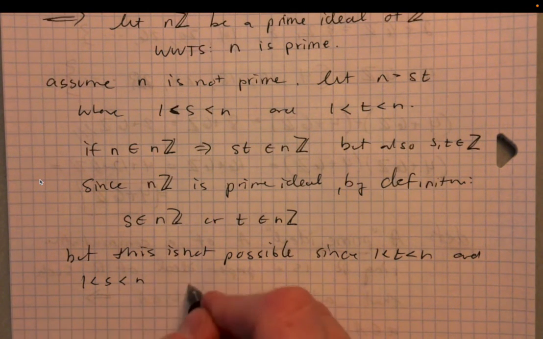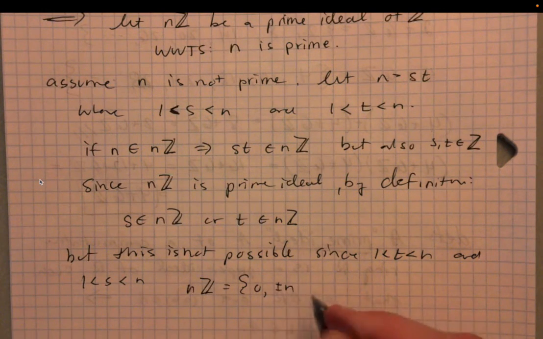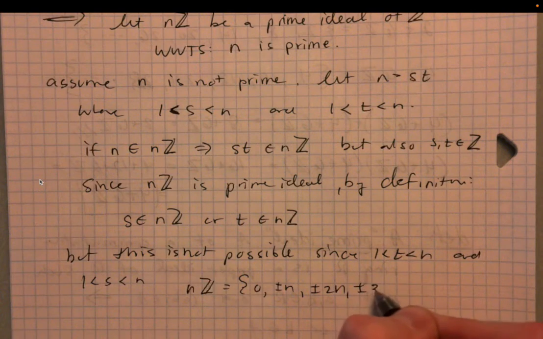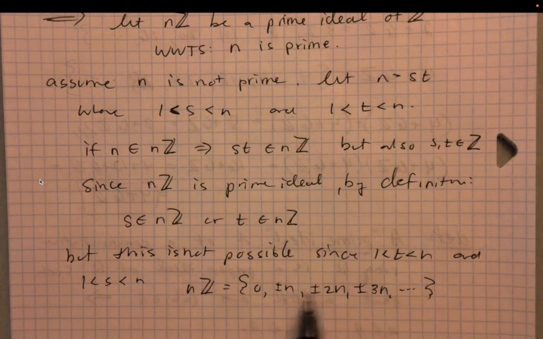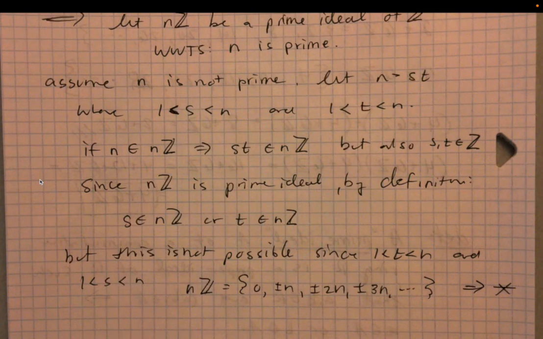What is nZ, though? nZ is equal to 0, plus or minus n, plus or minus 2n, plus or minus 3n, and so on. So if s and t are supposed to be in nZ, where are they? They can't be, because they're somewhere between these two successive entries. So you've got a contradiction. That means n must be prime.